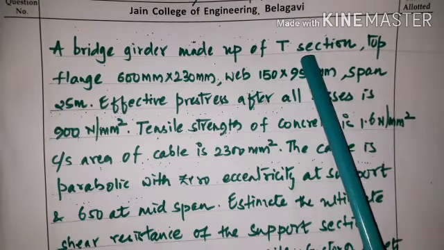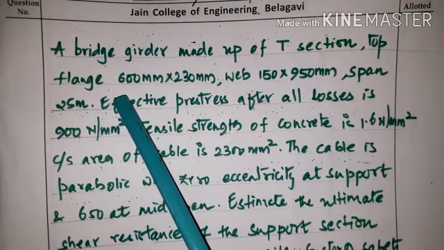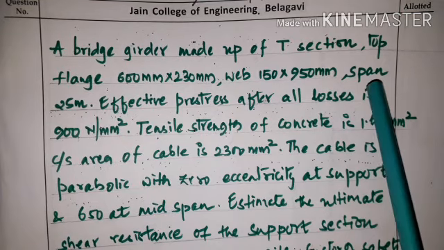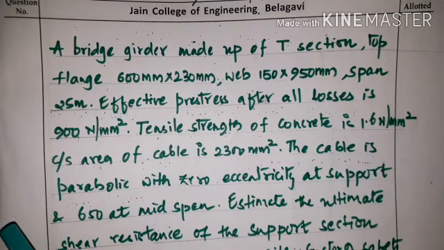Here they have given the geometry of the cross section, a T section bridge girder, with the top flange and web sizes given, and the span of the beam is 25 meter. The effective pre-stress in the cable after all losses is 900 Newton per mm square.